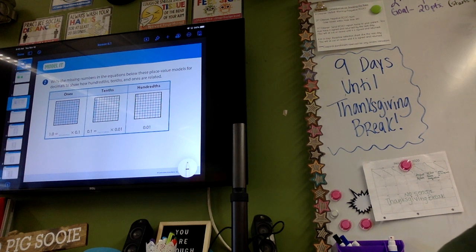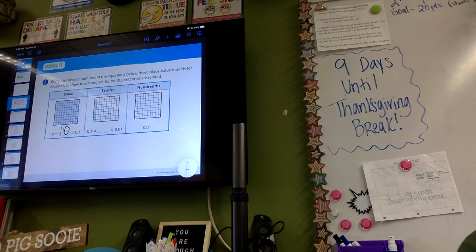It says, write the missing numbers in the equations below these place value models for decimals to show how hundredths, tenths, and ones are related. So blank times 0.1 equals 1. 10.